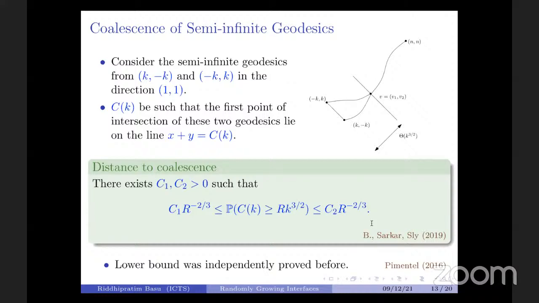If you look at infinite geodesics starting from a point going off in the same direction in Euclidean space, they're just parallel lines, right? So they will never coalesce. But in this random landscape they actually coalesce, and you can get quite precise estimates about how far they travel before they coalesce. This was again a result we could obtain using these estimates of passage time.